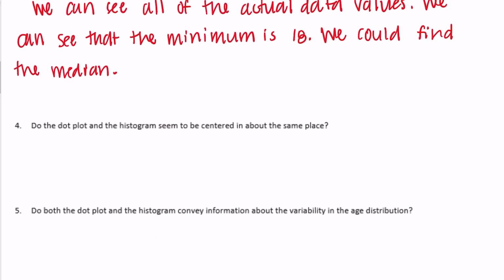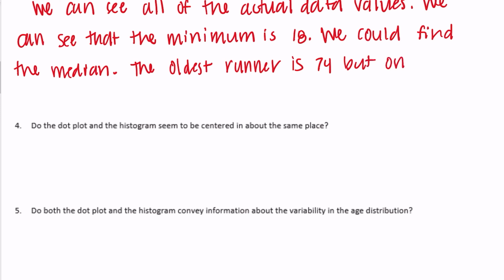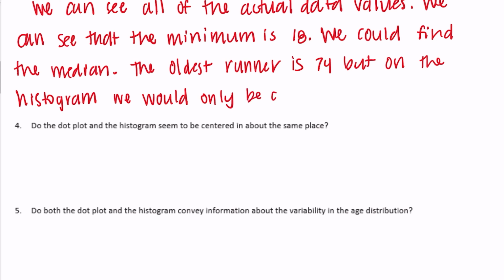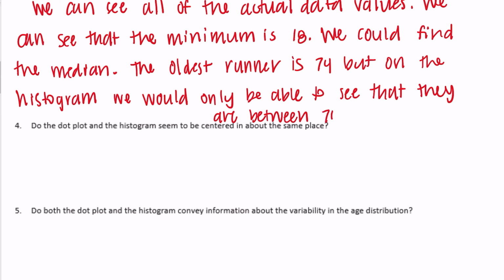The oldest runner is 74, but on the histogram, we would only be able to see that they are between 70 and 74. So that's just one example of how it's easier to see.